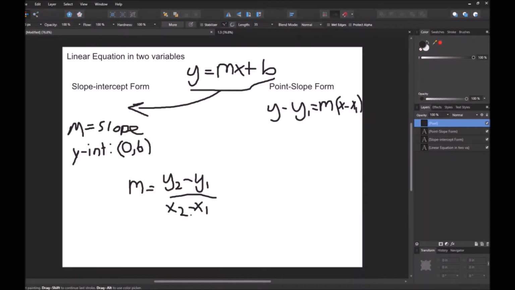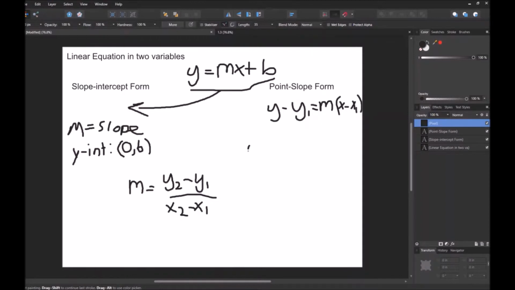Now we're going to talk about parallel and perpendicular lines. So if you're given two slope-intercept form equations, or even if you're given two lines, you can tell that they're parallel if two distinct non-vertical lines are parallel if and only if their slopes are equal.